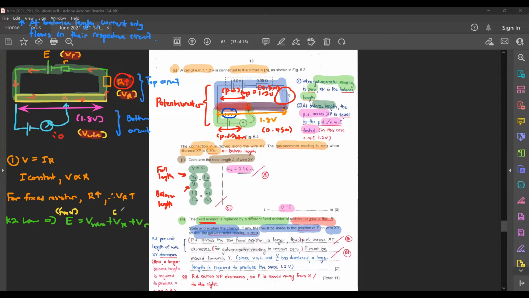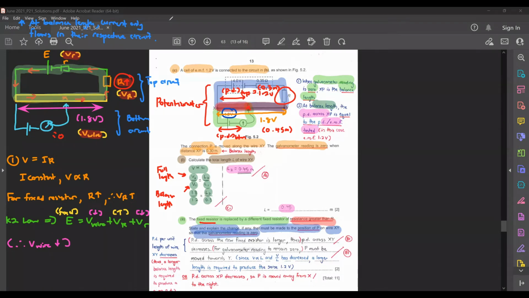The PD across the fixed resistance will already determine that it's increasing. So therefore, the PD across the wire itself, as well as the PD across the internal resistance, should be dropping here. Okay, so the conclusion here that we get is that PD across the wire decreases. All right.